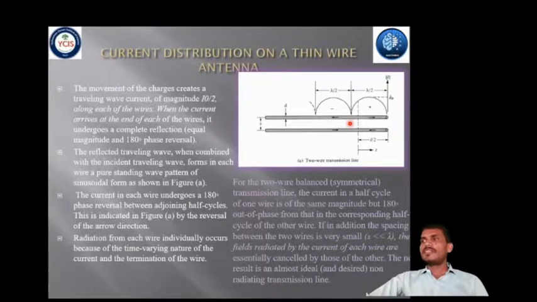If in addition the spacing between the two wires is very small, that is S is very much less than lambda, the fields radiated by the current of each wire are essentially cancelled by those of the other. The net result is an almost ideal, non-radiating transmission line.